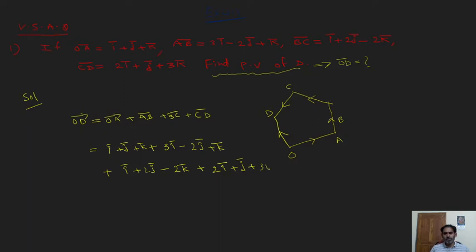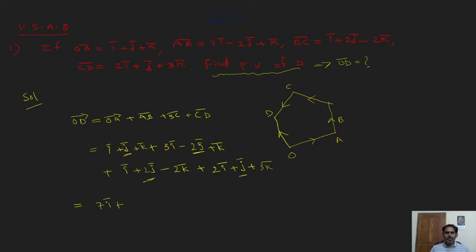Join all the values. Add all I's: I plus 3I is 4I, plus I is 5I, plus 2I is 7I bar. Next J bar, join J bars: J bar minus 2J bar plus 2J bar plus J bar.